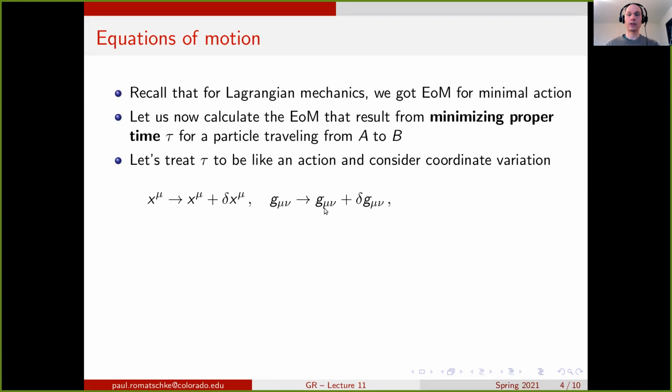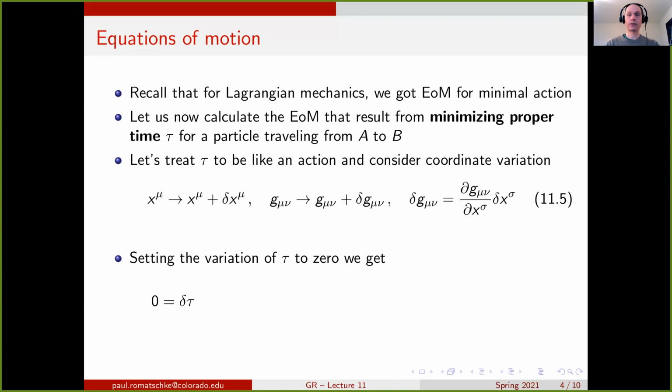So we'll get a new metric g_μν plus a small variation δg_μν. Of course, the variation in the metric is not independent from the change in coordinates. In fact, the change in the metric can be expressed as the derivative of the metric with respect to the coordinates times the change in the coordinates, up to linear order.